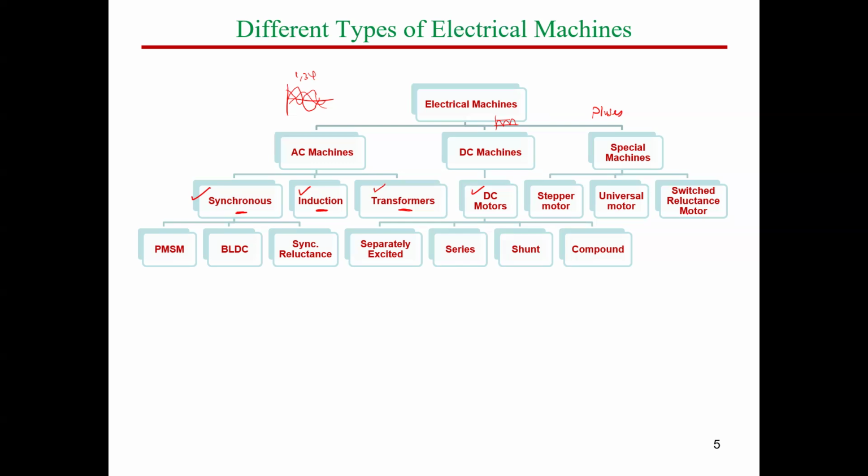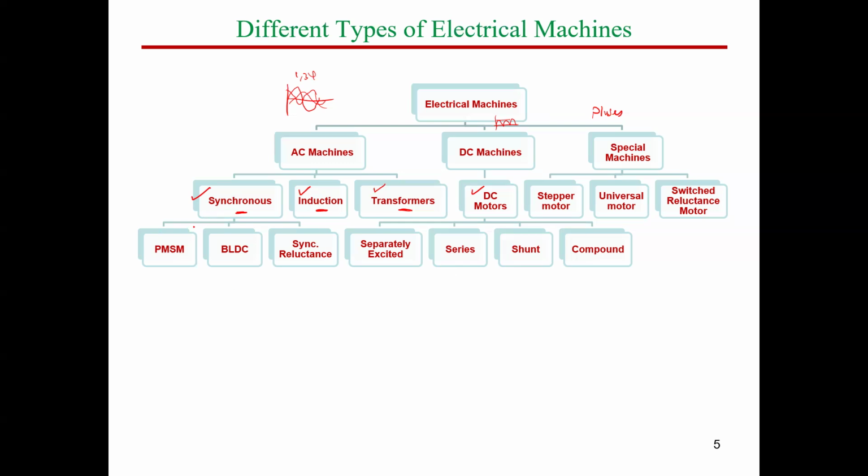Switch reluctance motors, guys, you can find this type in elevators. You can find it in some electric vehicles. So switch reluctance is also a very well-known type of special machine. But again, we cannot cover this type of machine in our class due to the time limitation.